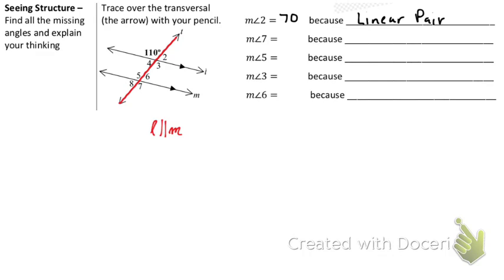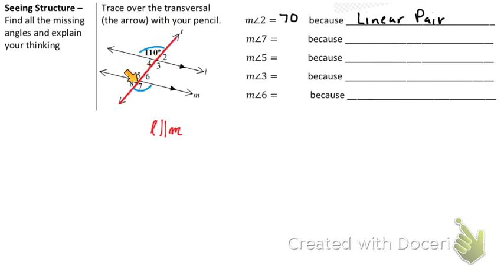All right, so now we're going to look for the measure of angle 7. Again, I'm going to highlight angle 110. We're going to use angle 110 to find angle 7. What you should notice is that angle 110 and angle 7 are on the outside of the parallel lines, so they are exterior angles. Angle 110 is on the left side of the transversal.